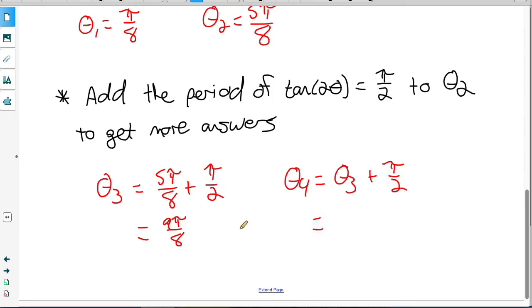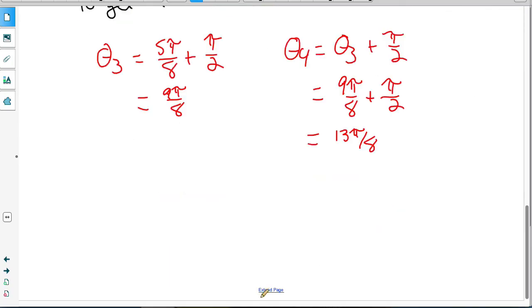So theta 3 was 9 pi over 8. Add the period of the tan of 2 theta function. 9 pi over 8 plus 4 pi over 8 is 13 pi over 8. And notice that's less than 16 pi over 8, so it's still within the 0 to 2 pi interval. If I added 4 pi over 8 to this, I'd get 17 pi over 8, which is past 2 pi, so we don't need that answer.